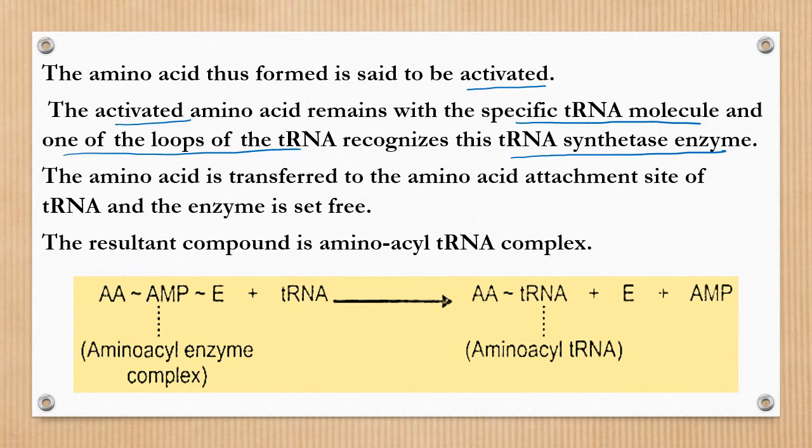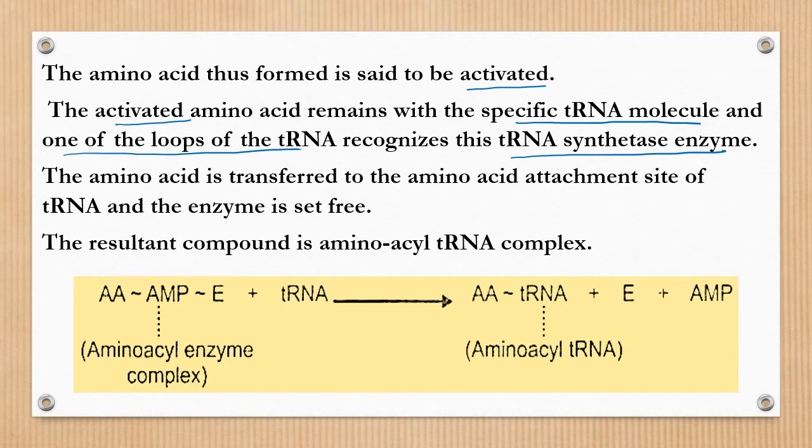So the T loop of the adapter molecule, the tRNA molecule, identifies the active amino acid by that amino acyl tRNA synthetase enzyme.